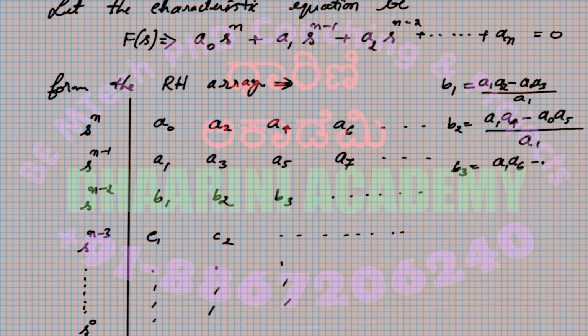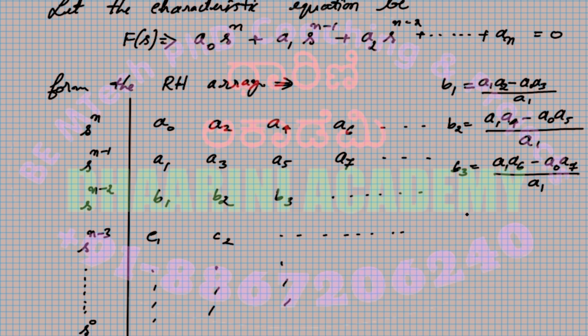A1, A6 minus A0, A7 divided by A1. That's how you calculate. Like this you proceed, calculating B1, B2, B3, B4 in the third row. Somewhere it will become 0, so you stop. You don't proceed after that because all of them will be 0. Then you move to the next row.